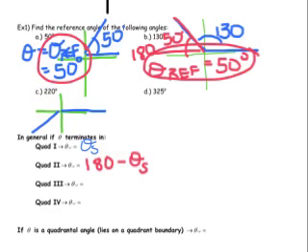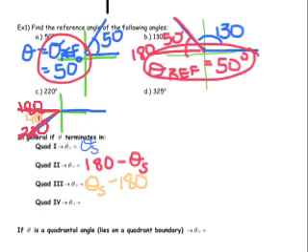So you're going to take this terminal side right here, go to the closest x-axis, always the x-axis. This is the closest x-axis, so this is theta ref. If this is 220 degrees, this is 180, then this is 40 degrees. So now we did theta standard minus 180.